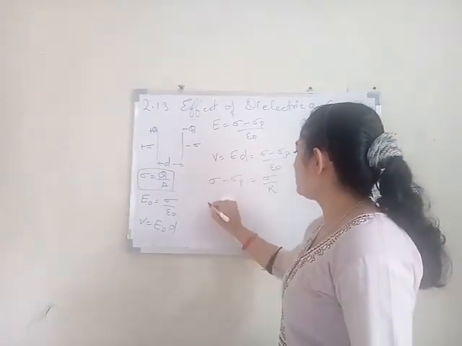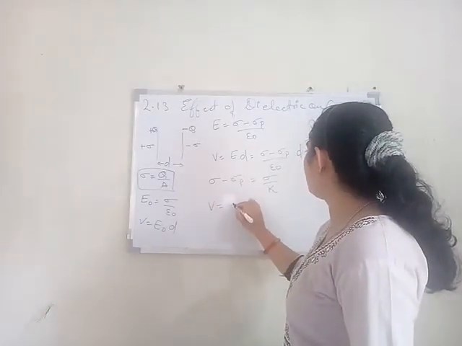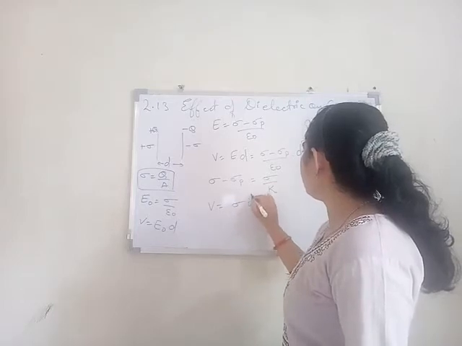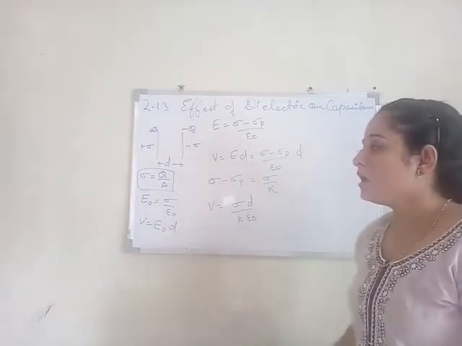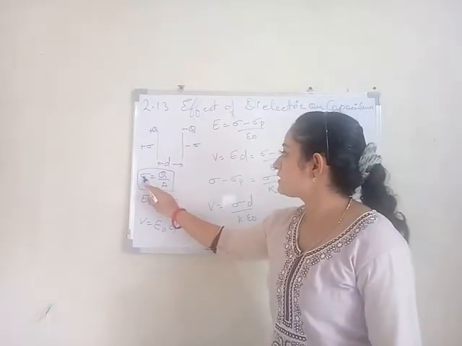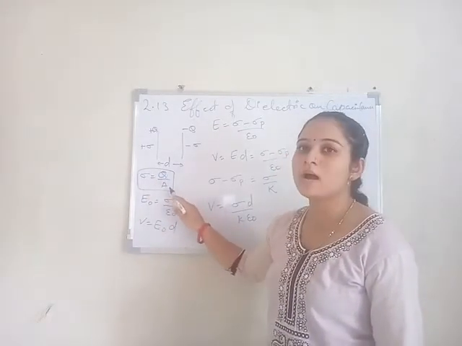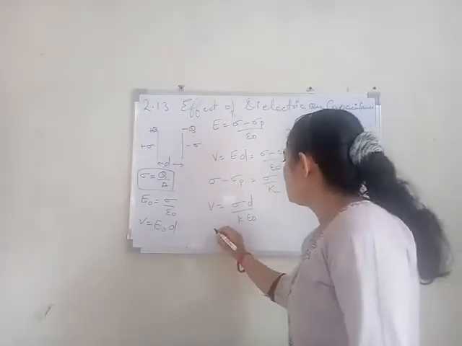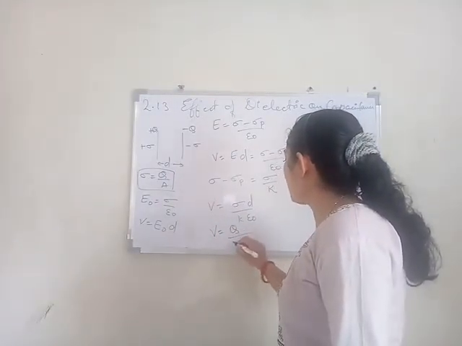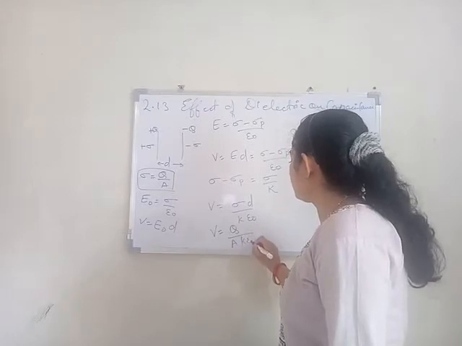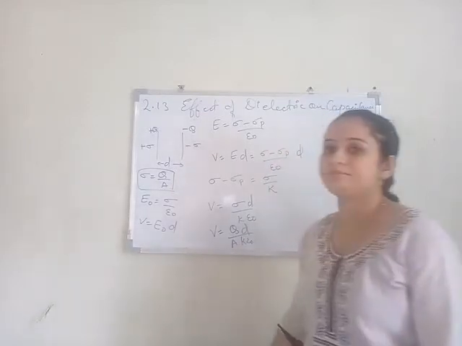So from this we know that V equals sigma D upon K epsilon 0. Here we know the surface charge density sigma equals Q by A. So V will be equal to Q D upon A K epsilon 0.